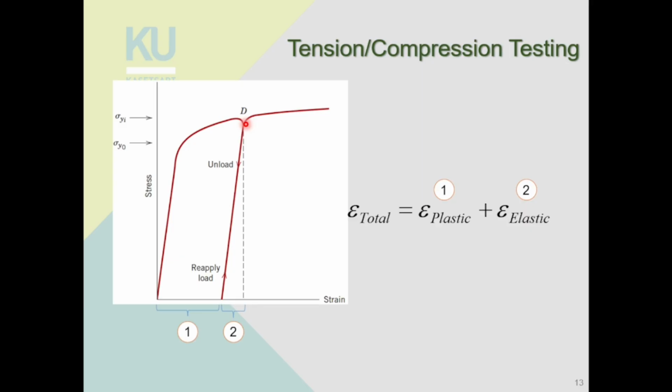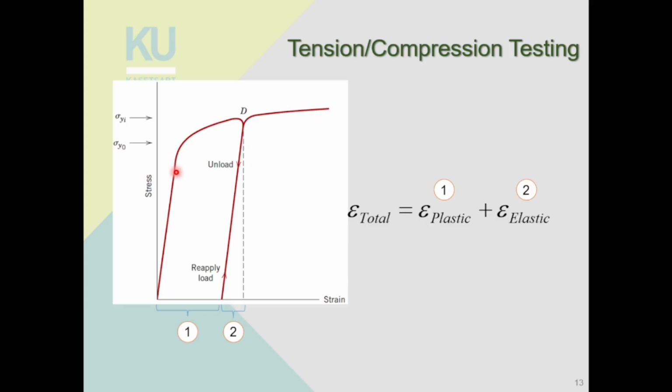So the total strain is this point here, made up of the elastic strain and the plastic strain. That is the total strain while you are still applying the force. But when you are removing the load, or unloading, the specimen will try to shrink back to the original shape because of the bond stretching.